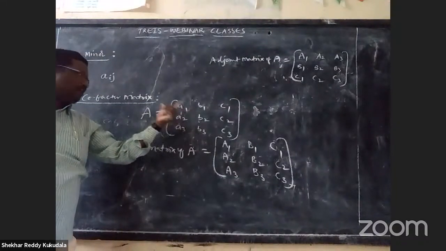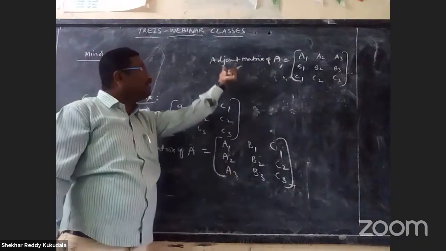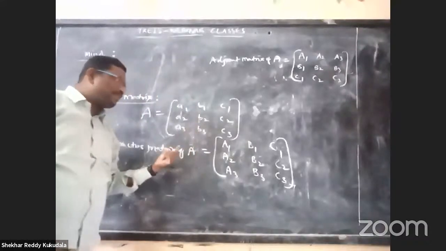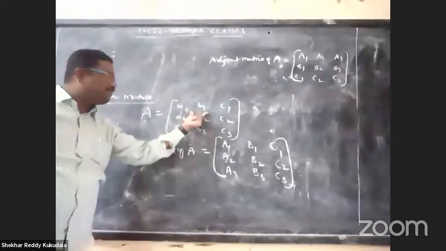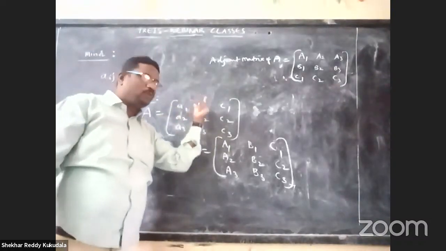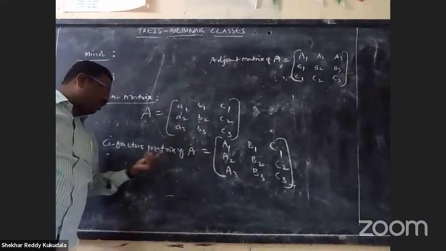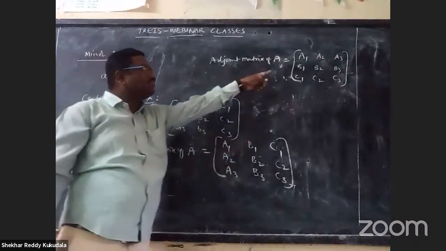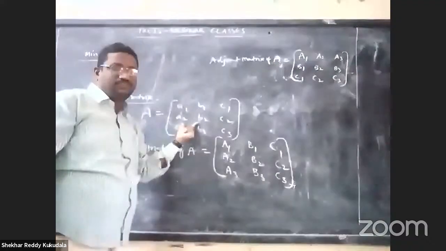I hope the concept is clear. What is meant by cofactor matrix and what is meant by adjoint matrix? Cofactor matrix is a matrix obtained by replacing all the elements of a given matrix by their respective cofactors. Next, the transpose of the cofactor matrix of a given matrix is called the adjoint matrix of the given matrix.